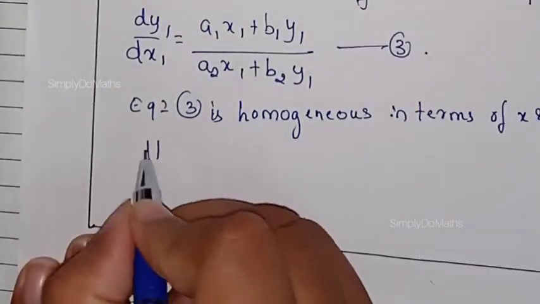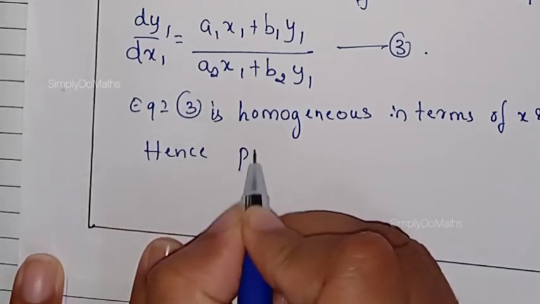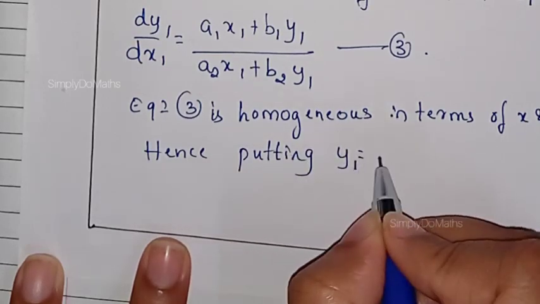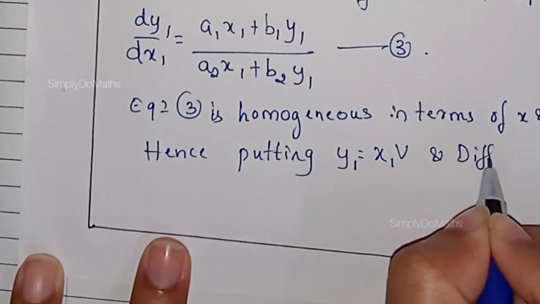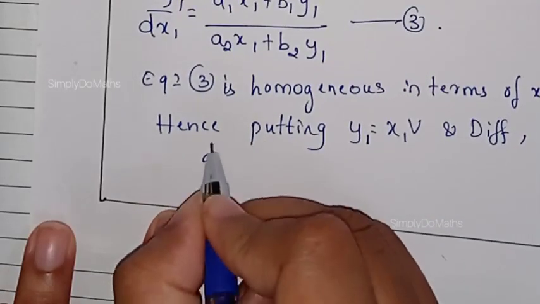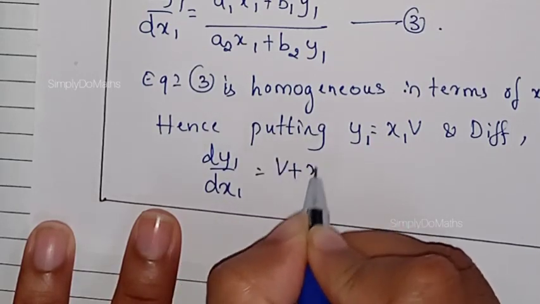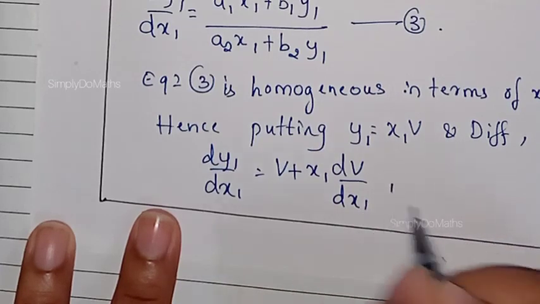Hence, at last we need to substitute the values of y1 and x1, right? So y1 equal to x1 into v, and differentiate. We get dy1 divided by dx1 equal to v plus x1 into dv by dx1, right?